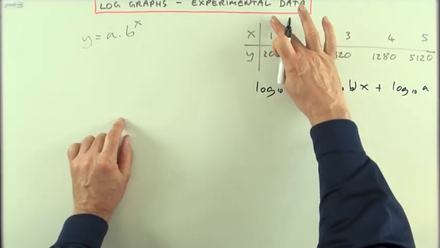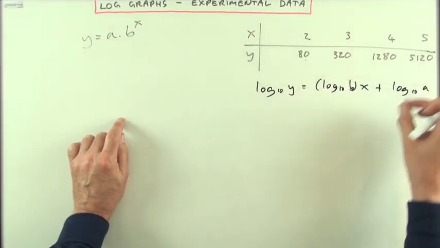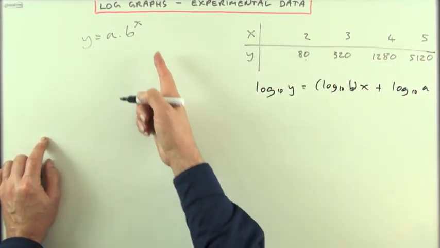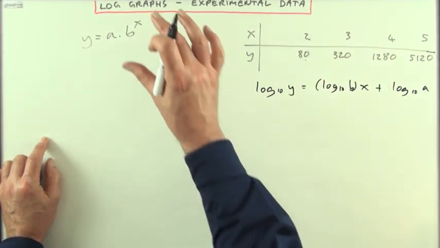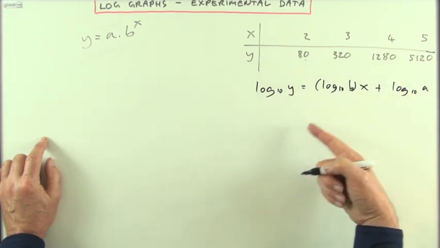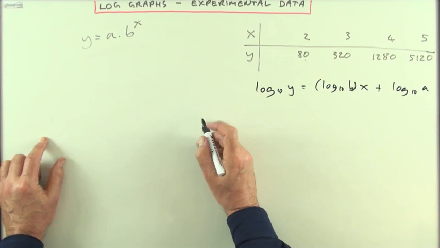And as before, if I didn't have the convenience of that 1, and I just have some even more awkward numbers here, then I would just use any 2 points, same as before. I don't have the log data, I've got the original data, but I can just use substitutions. So I'd probably pick these 2 points here, depending on the graph, which points fitted the best.